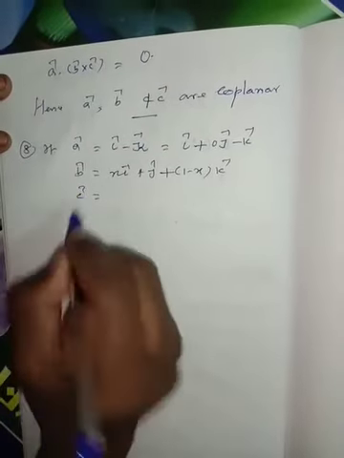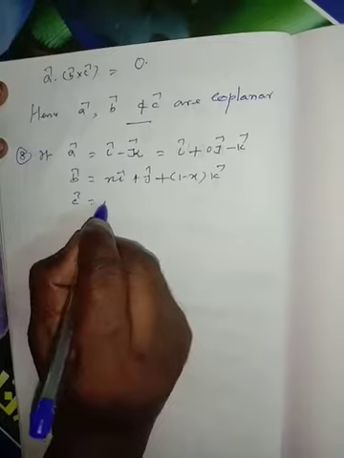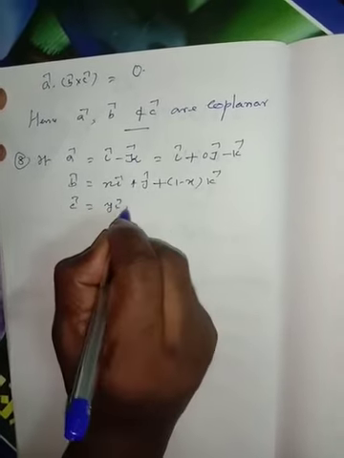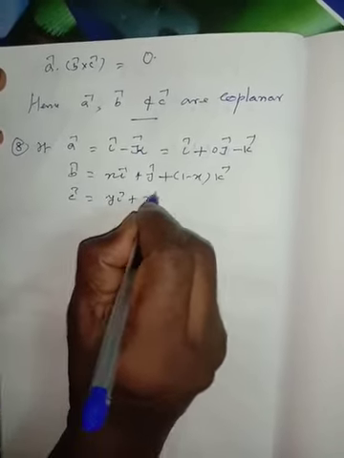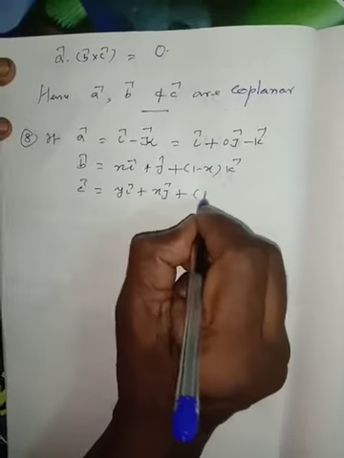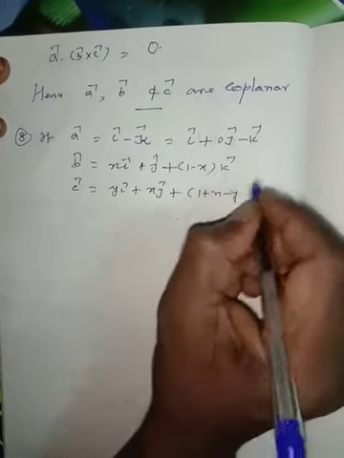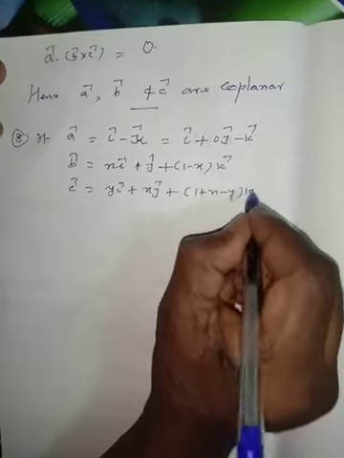Next C vector is equal to y i vector plus x j vector plus 1 plus x minus y into k vector.